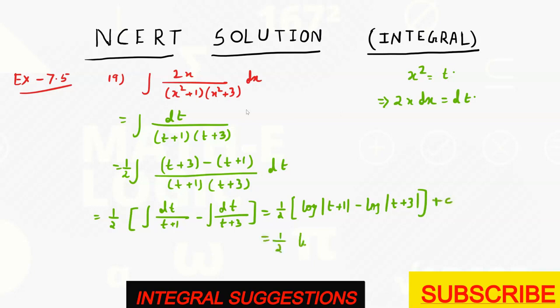That means half log of, in place of t we put x square, so (x square plus 1) divided by (x square plus 3) plus c. We know log a minus log b equals log a by b. That means this one is the correct answer.